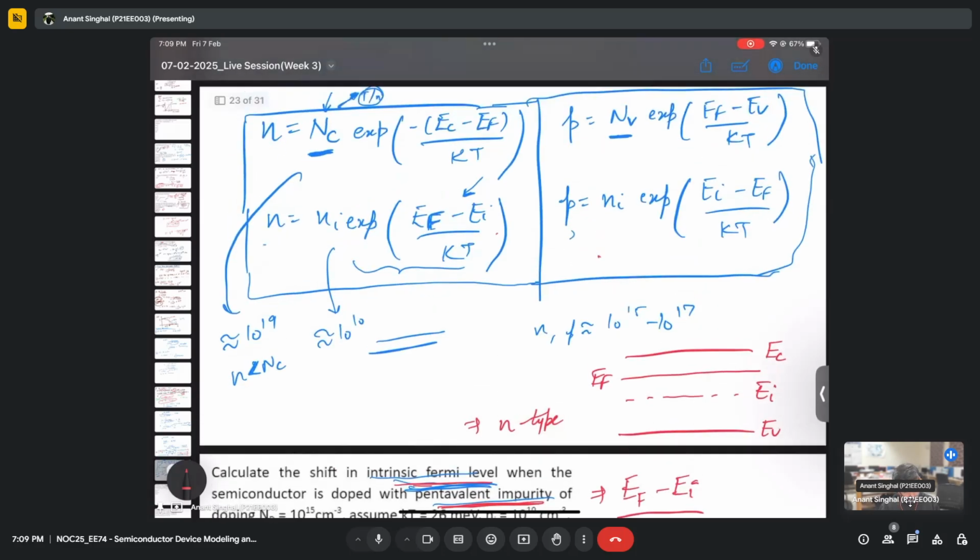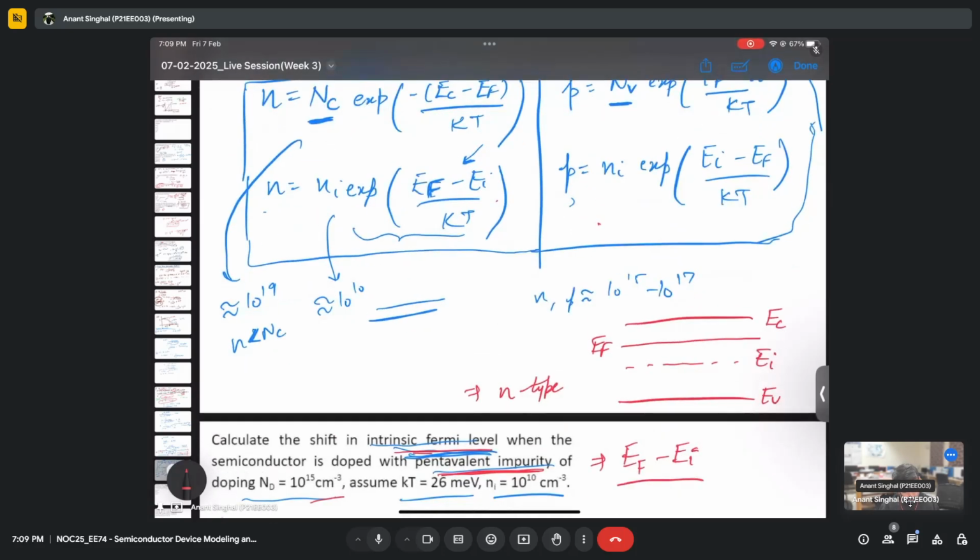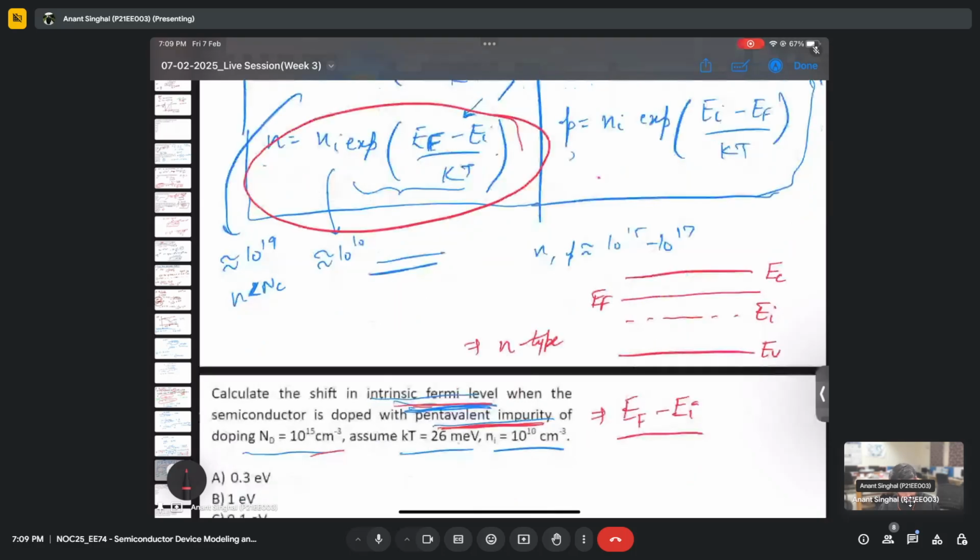So which formula can we use? The second one in N-type. Yep. So do you want to try it, everyone?